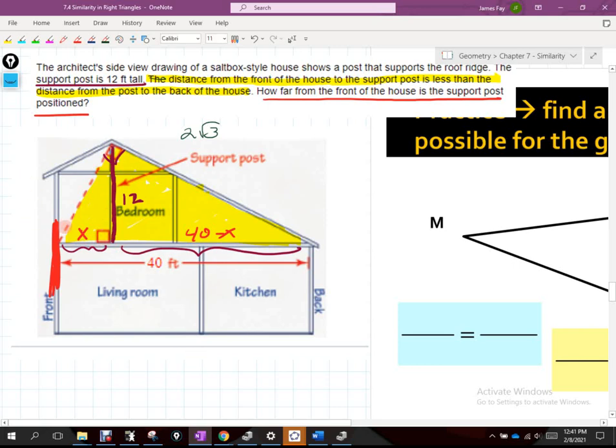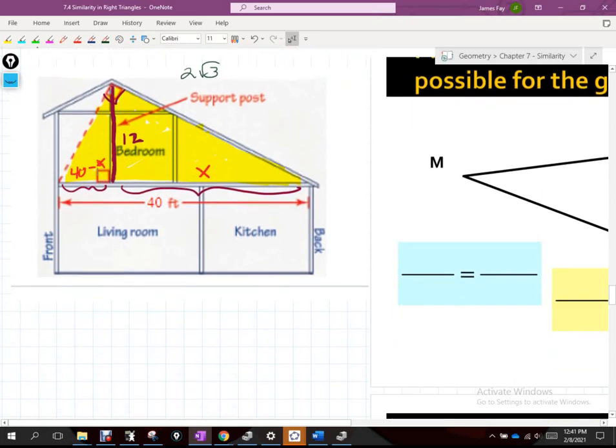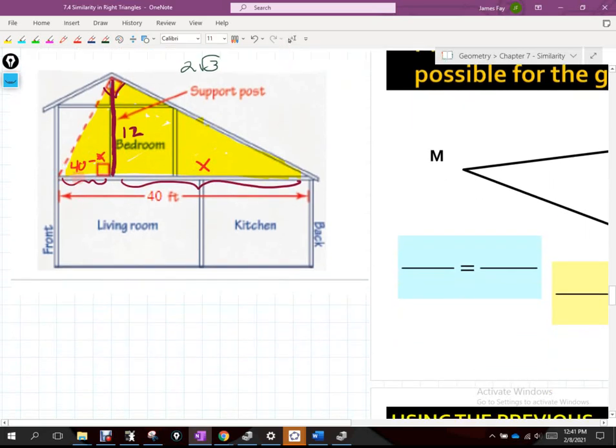But some of you may have, which is perfectly fine, called this distance X. So this would be 40 minus X, correct? So when I answer the question, I can't answer with X, right? I have to answer with 40 minus X. Okay? But regardless, however you label them, you should still set up the same proportion.